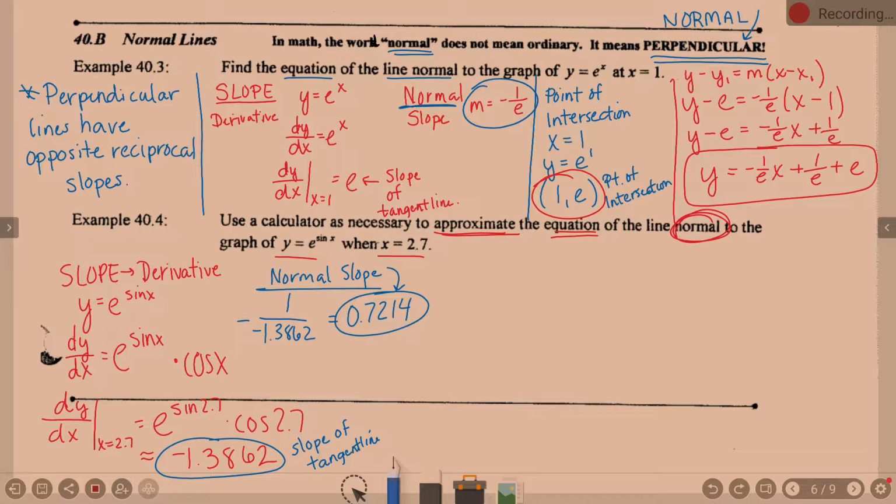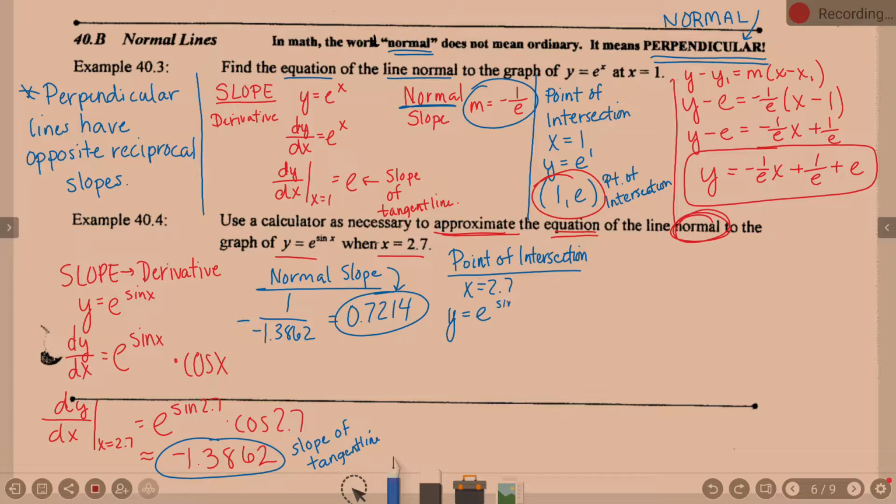Okay, so we have our slope. What else do I need? Okay, we need a point. So when x is 2.7, notice we're plugging into the original, yes?